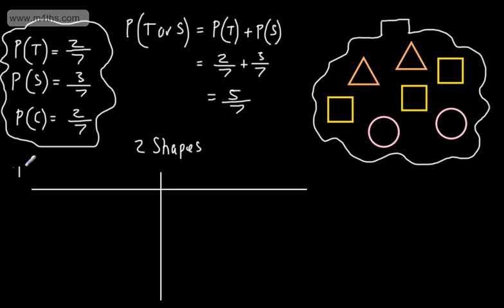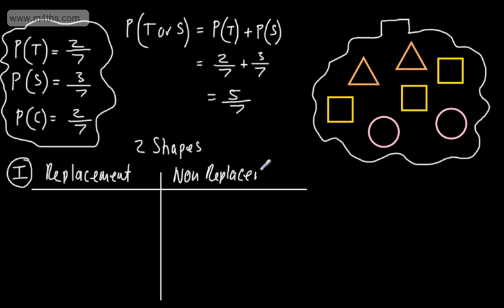We're going to look at the first example, and this is with replacement. So we're going to write down replacement. Replacement and non-replacement is just one way of showing independent events and also the conditional probability. So I'm going to put now non-replacement. So if we replace them, the events will be independent. If we don't, we will have conditional probability.